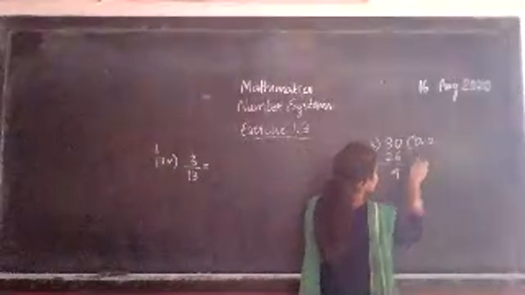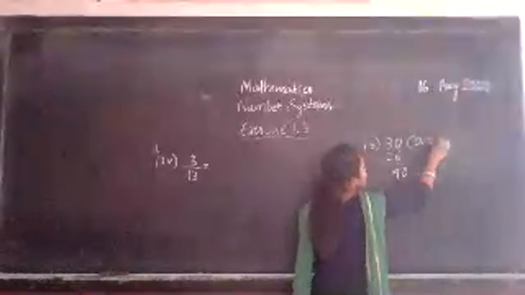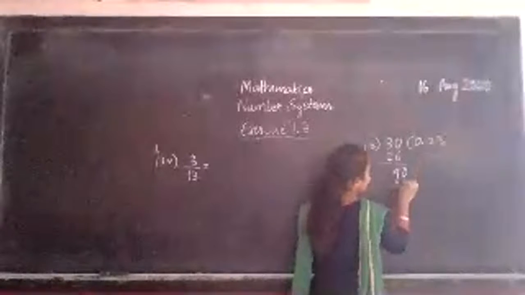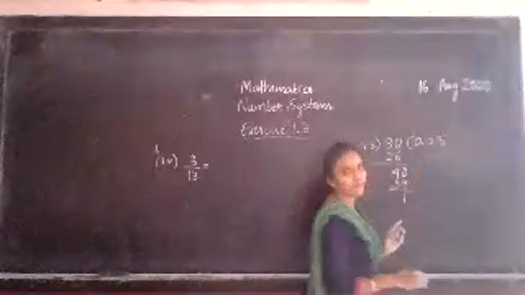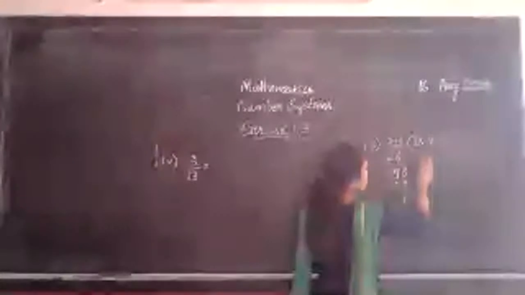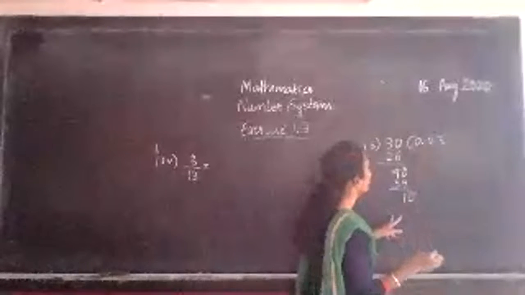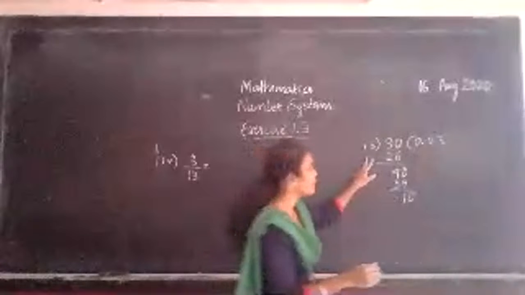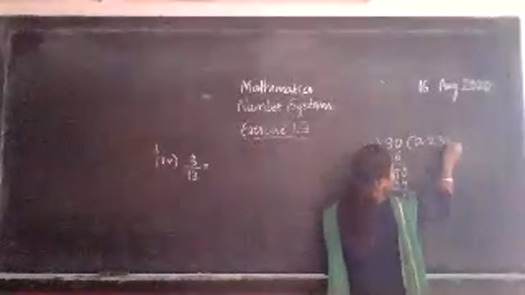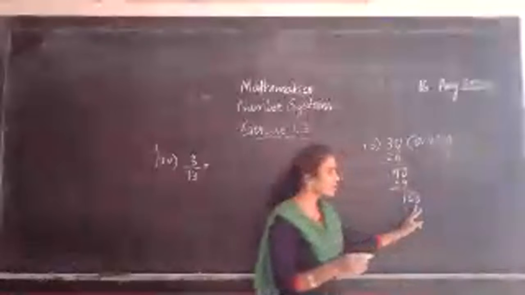Now again, since there is a point here, I can directly write 0. Now I know 13 threes are 39. There is a remainder here, 1. Now since there is a point, I can directly write 1 0 here. Now 10 is smaller than 13. Therefore, I will write zeros on both sides. I write a 0 here and take a 0 here.